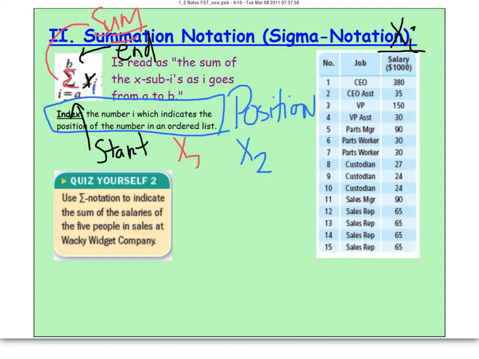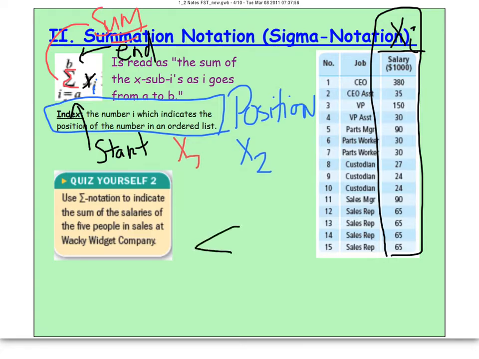Here's what you can do. I can use sigma notation to tell somebody to add all of these salaries up without writing a sentence. I would write sigma, which means sum. I take all the x sub i's. Now I have to tell it where to go.